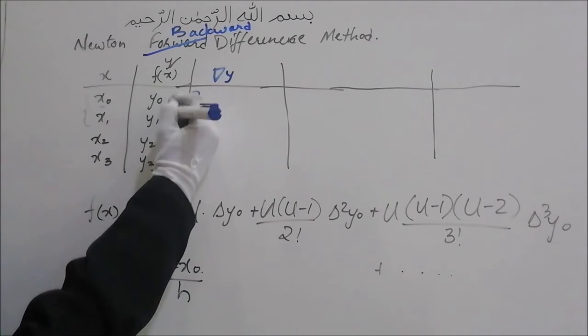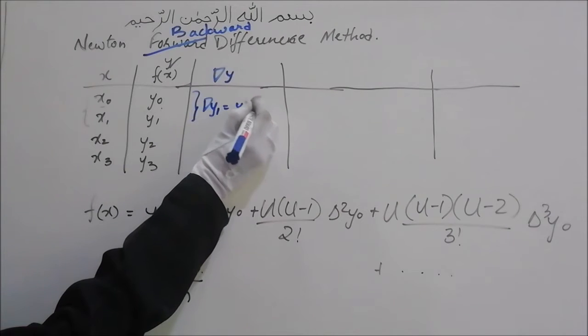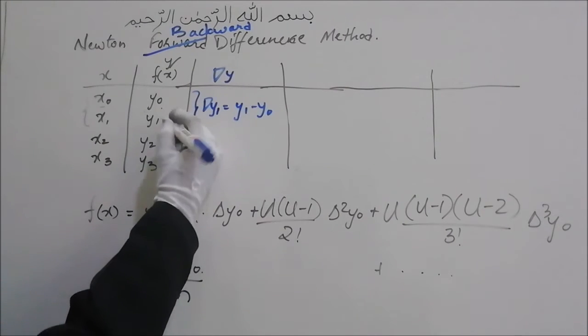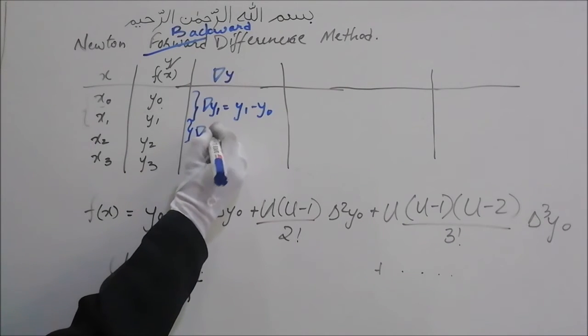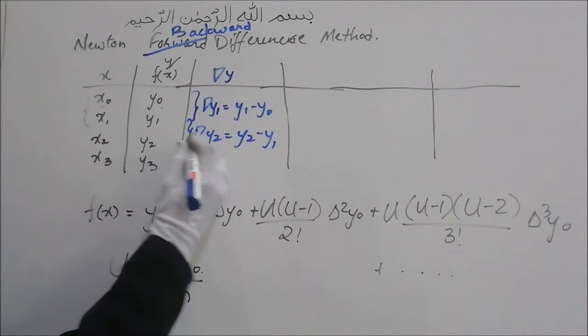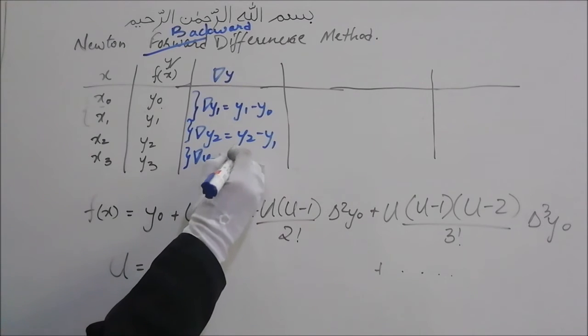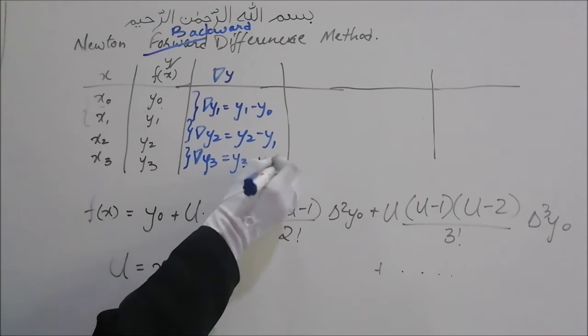So the difference between these two will be del y1, which is y1 minus y0. Difference between these two terms will be del y2, which is y2 minus y1. Difference between these two terms will be del y3, which is nothing but y3 minus y2.